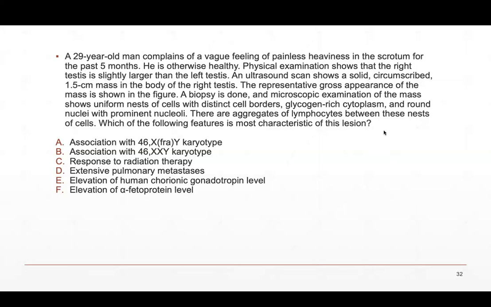I guess I didn't put it. But I'll tell you, it looks pale, yellowish, and not a lot of hemorrhage. So a biopsy is done, a microscopic examination shows uniform cells with distinct cell borders, glycogen-rich cytoplasm, and round nuclei with prominent nucleoli, and there are aggregates of lymphocytes in between these nests. Excellent. This is a seminoma.